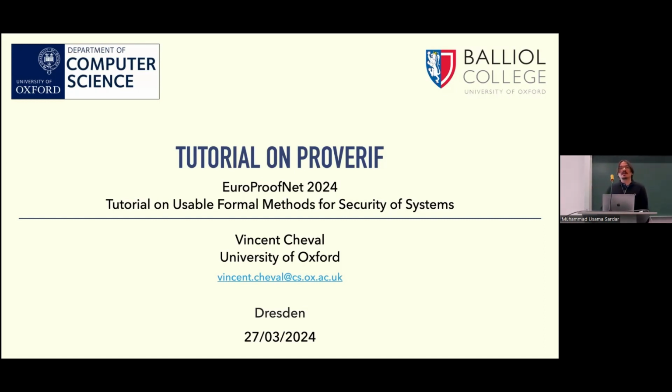I'm going to start by giving you some context of where the tool is in the landscape of cryptographic protocols. After this, we're going to start with a very toy, academic example like the Needham-Schroeder protocol.